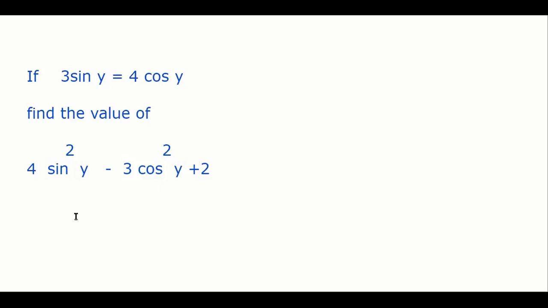Okay, Asta, explain to everybody how you solved this. Sir, first I found all three sides. Sin y upon cos y is equal to 4 by 3. Then its hypotenuse value will be 5.